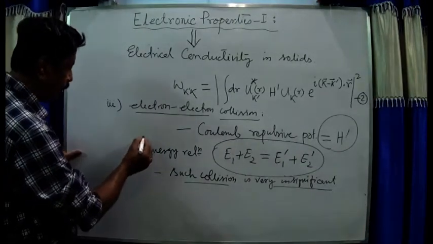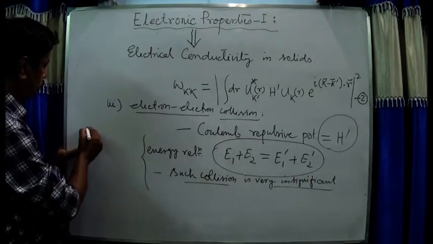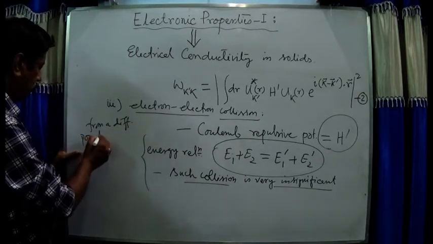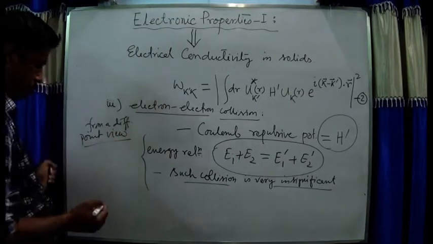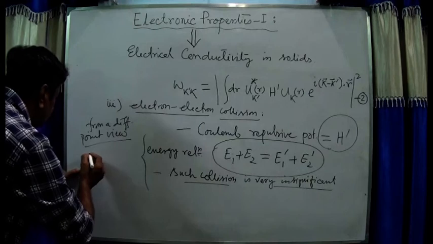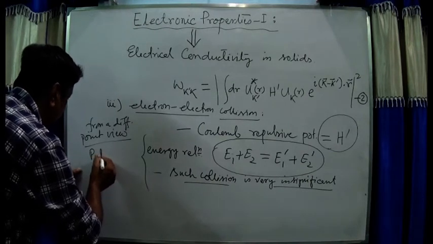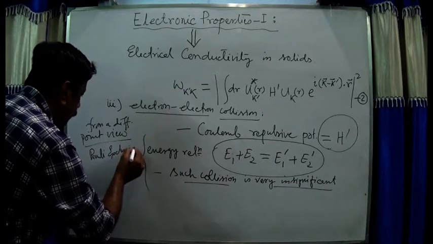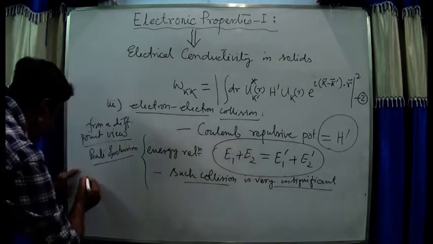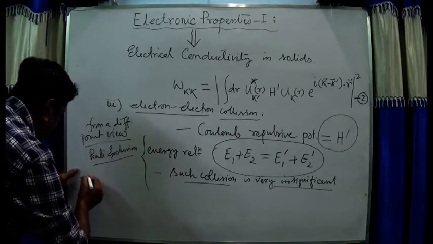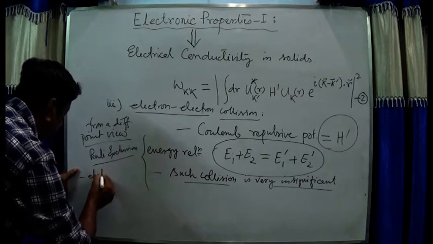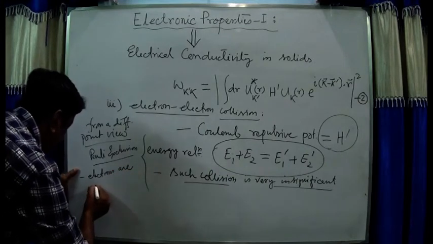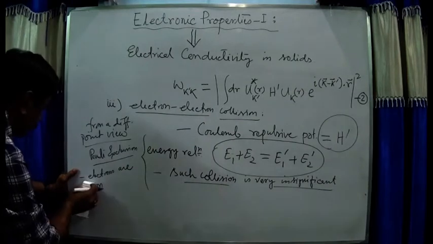Now, one thing we can also mention from a different point of view, that is, from Pauli's exclusion principle, we say that the electrons are non-interacting.